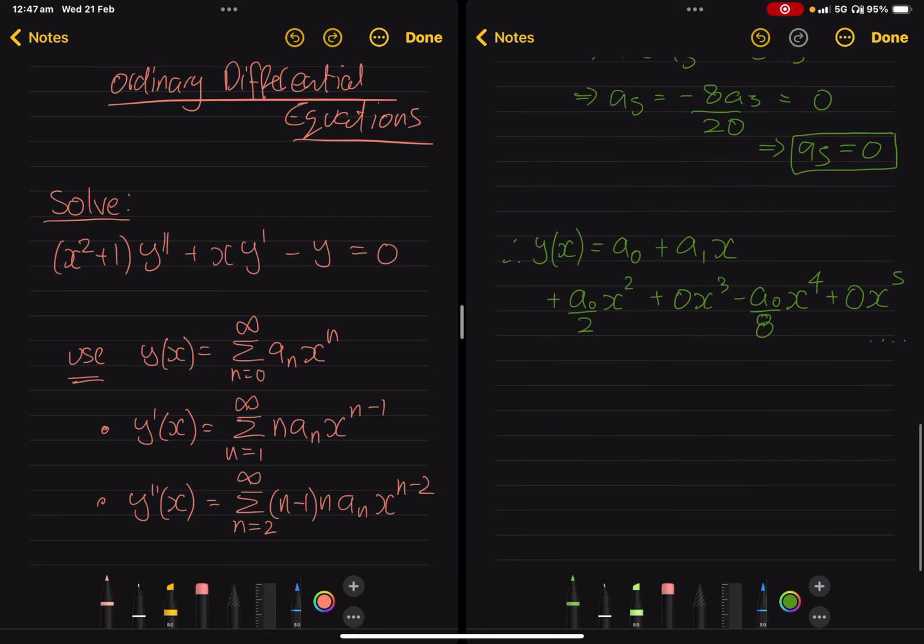So these terms cancel. And if we look at the terms that contain a0, they're all the even-powered terms.